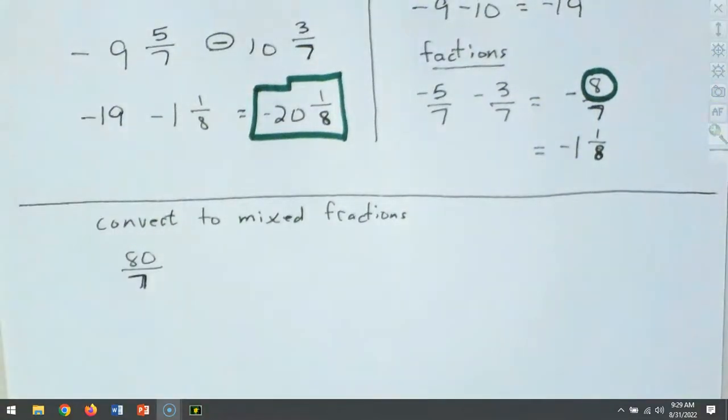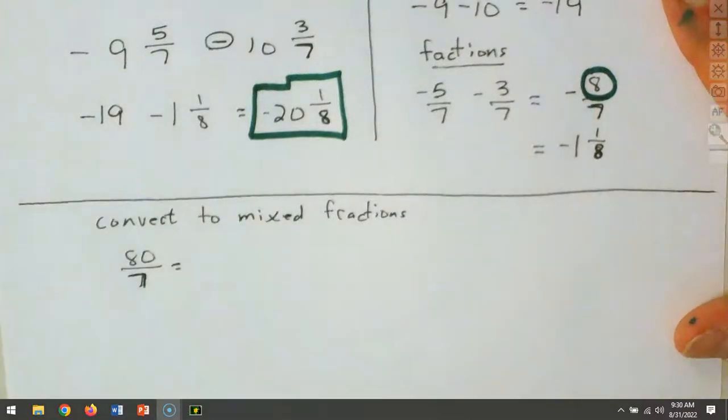And I want you to convert this to a mixed fraction. Okay, so 80 over 7 is not a mixed fraction right now. Right now it's an improper fraction, because which one is larger? 80, and where is it at? It's on the numerator.